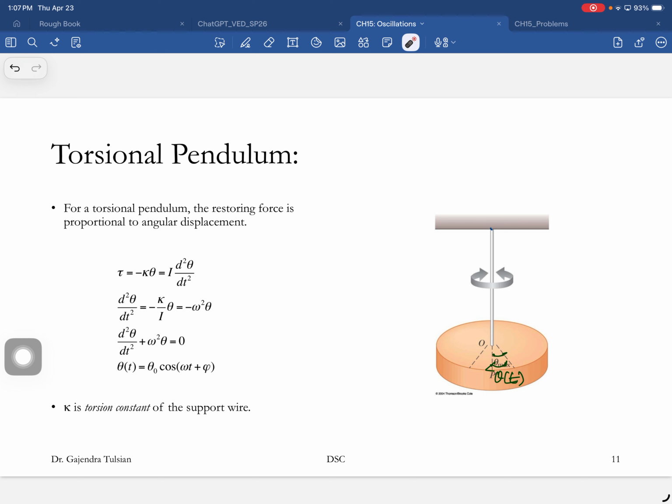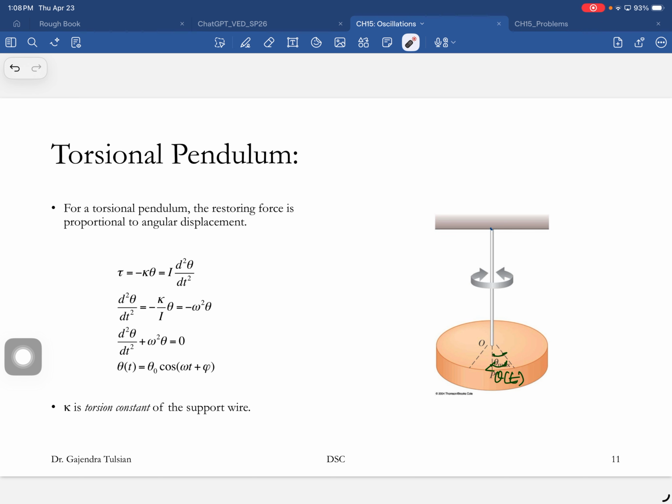If you test this out, what you'll find is the greater the angle, the more the wire has twisted, and it'll apply a greater torque. So the restoring torque, the torque that the wire applies, is minus kappa, the torsion constant, times theta. Theta is how much you twisted it. Let me ask you this: for an aluminum wire and a steel wire, which one will have the greater kappa?